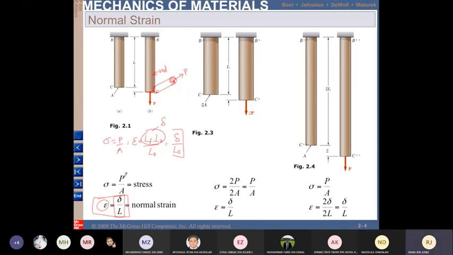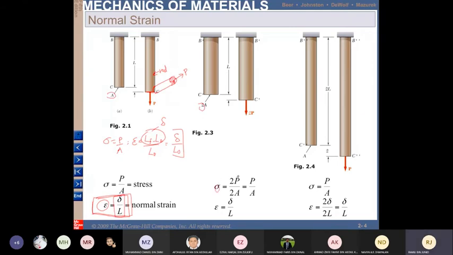Faham tak? I'm not sure if you have met this equation before, but I think you have. So if the area is 2 times larger than this area, the stress is still the same. Right?